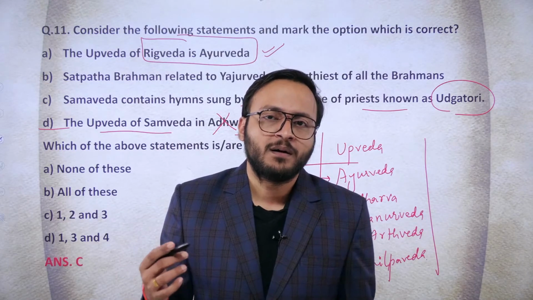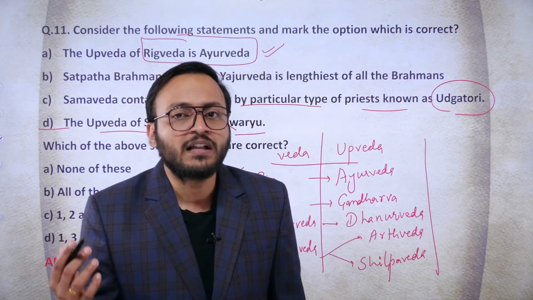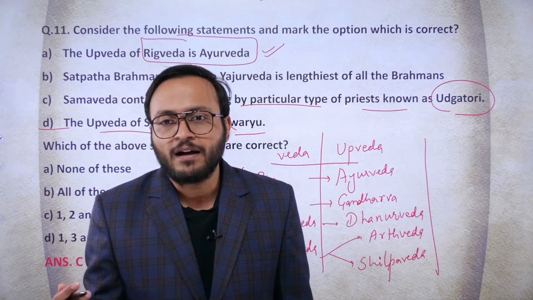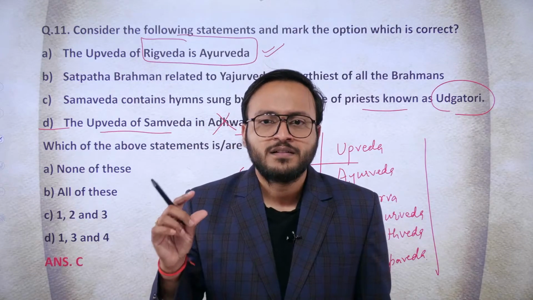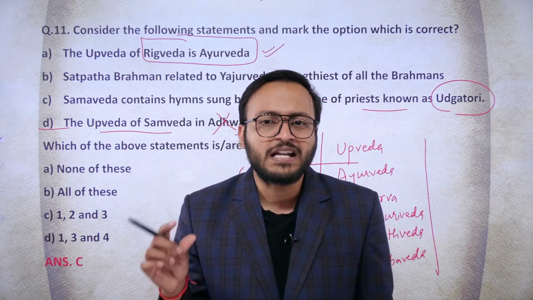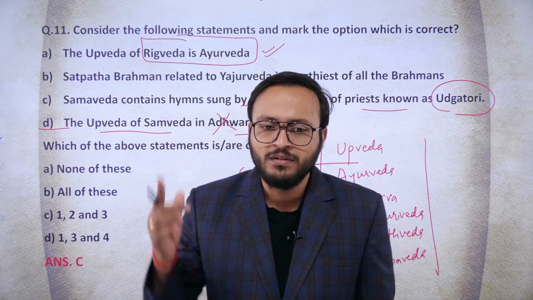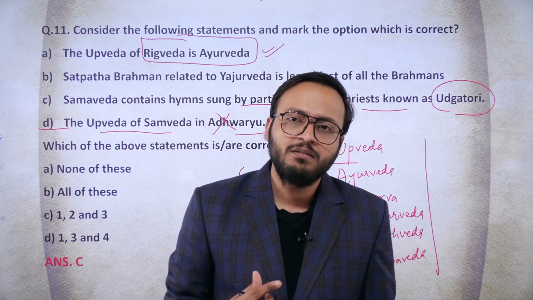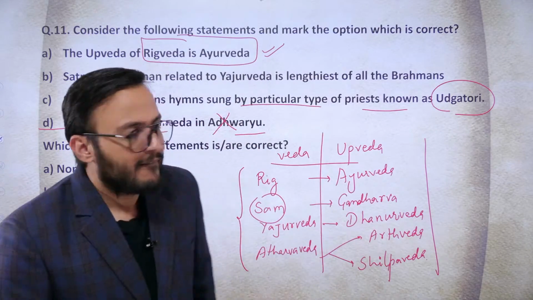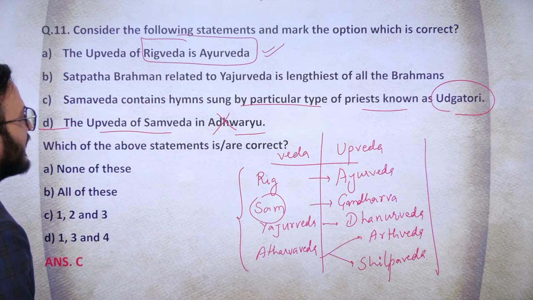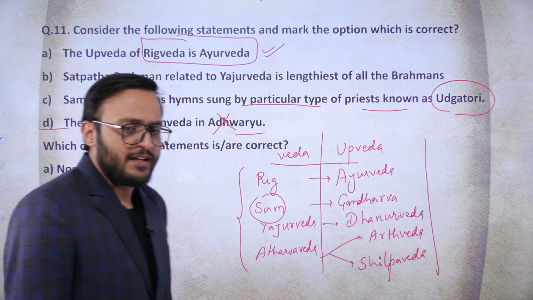However, in the Prakrit they are called as Udgata or simply Ugata. Okay, from there the term called Geet or Gayak, they have originated from this particular term called Udgatri. Okay, remember that. Then Shatapat Brahman is the lengthiest of all the Brahmans, absolutely correct.